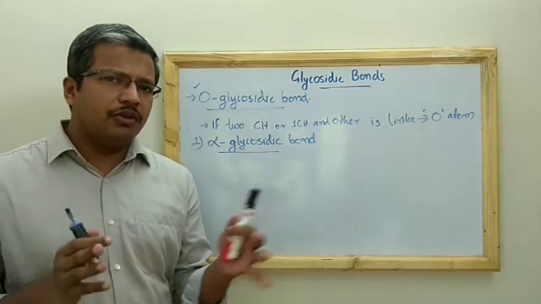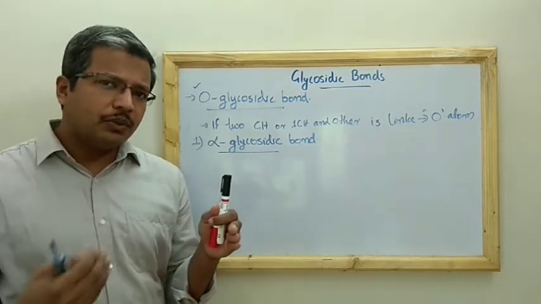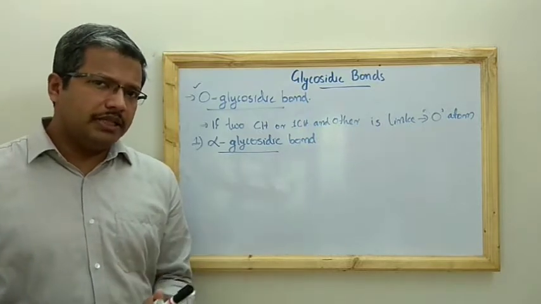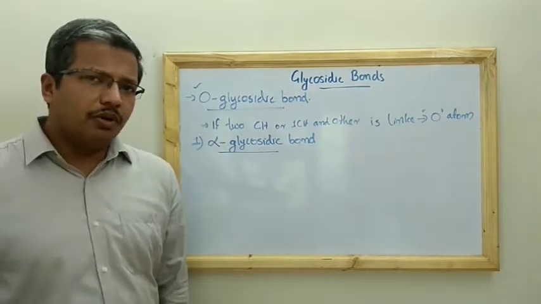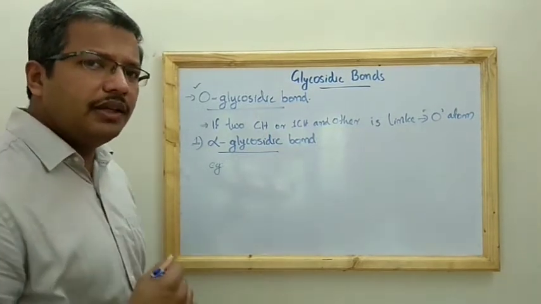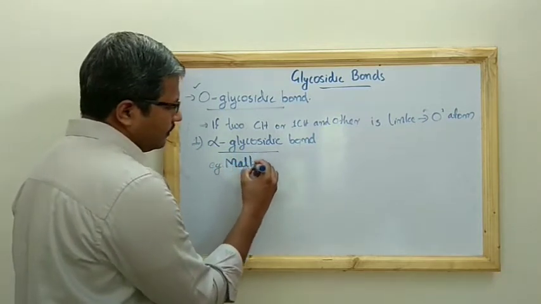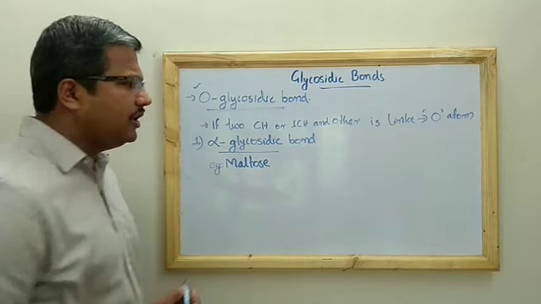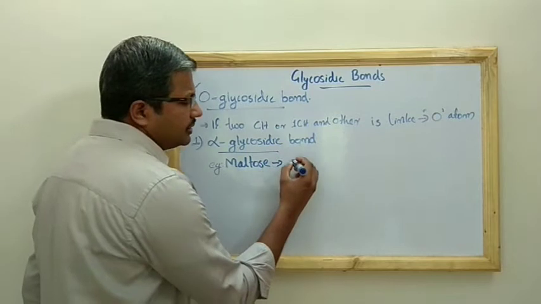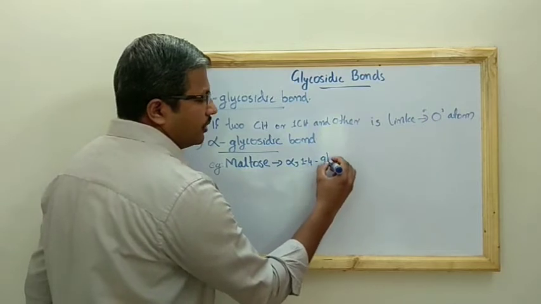We know the alpha anomeric configuration is when the anomeric carbon hydroxyl group is below the plane of the molecule; above the plane it will be beta. An example of the alpha glycosidic bond is the glycosidic bond present in maltose. In maltose, it is an alpha 1,4 glycosidic bond.